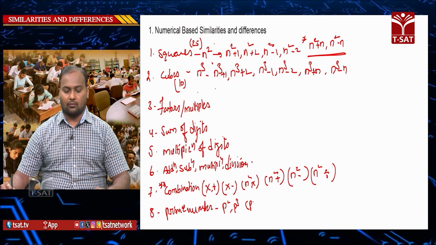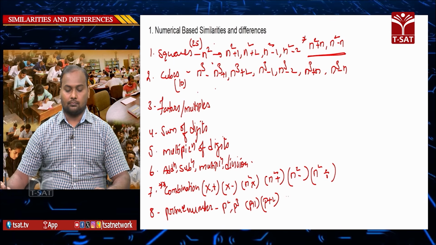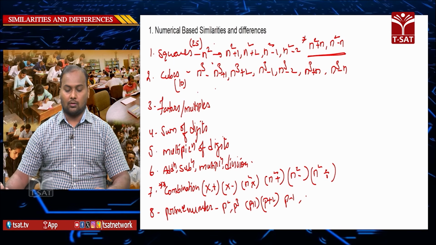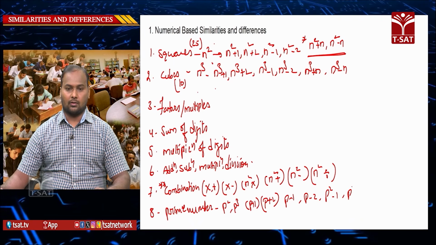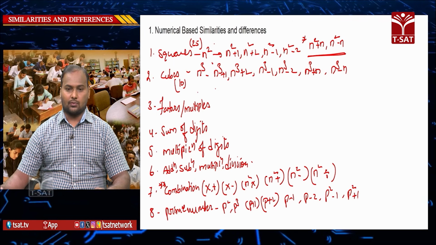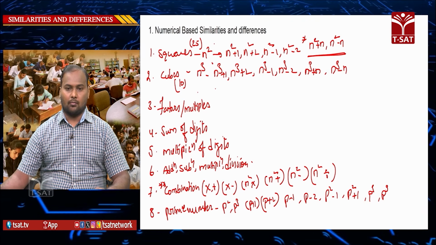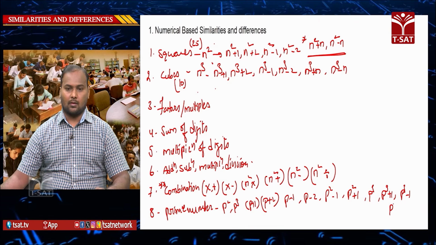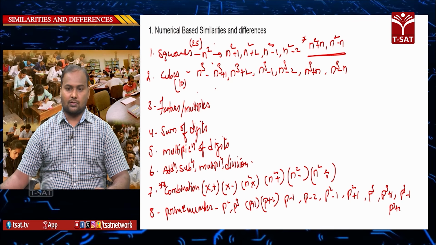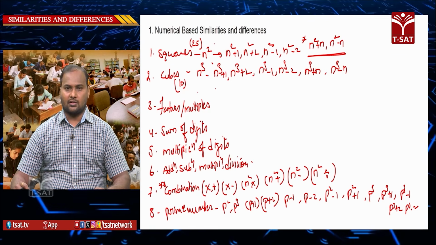For example, the options will be like prime plus 1, prime plus 2 or prime minus 1, prime minus 2, prime square minus 1, prime square plus 1, prime cube plus 1, prime cube minus 1, prime cube plus 2, prime cube minus 2. So, like that various combinations are possible.